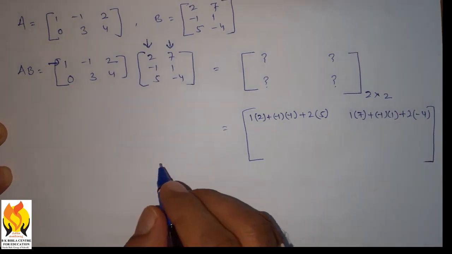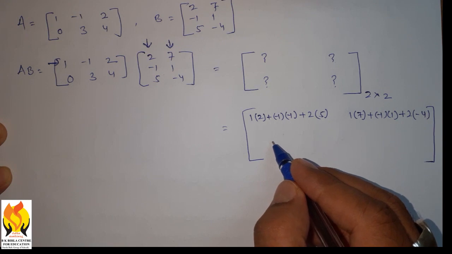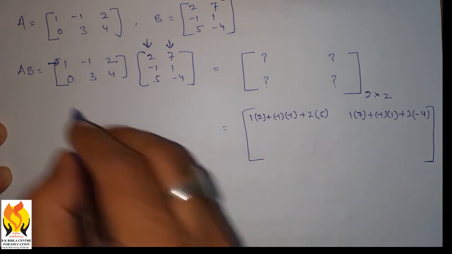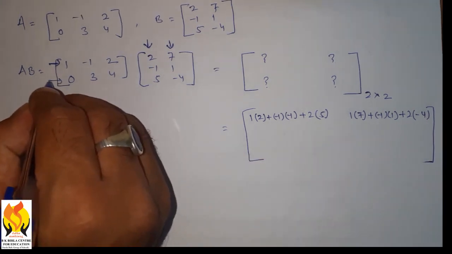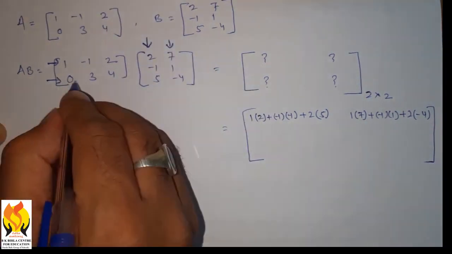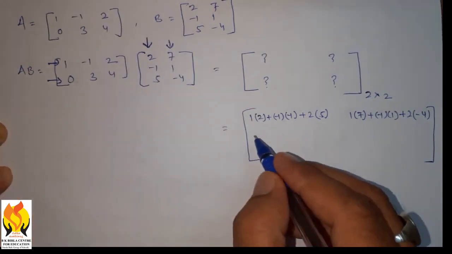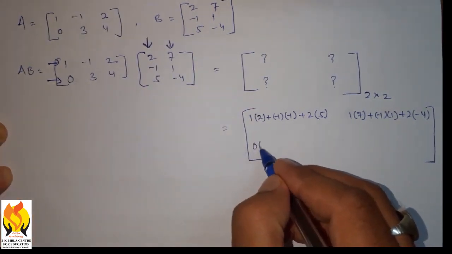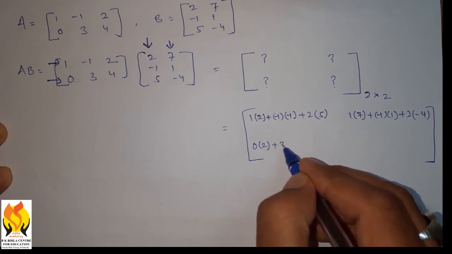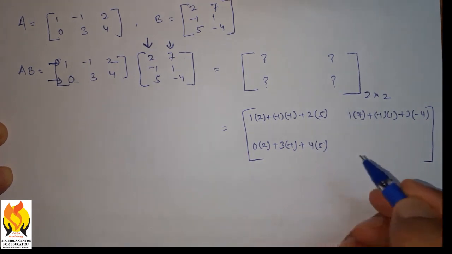Now, we need the element over here, that is A21. How do we get A21? When R2 is multiplied with C1. R2 multiplied with C1, so we have 0 into 2 plus 3 into minus 1 plus 4 into 5.